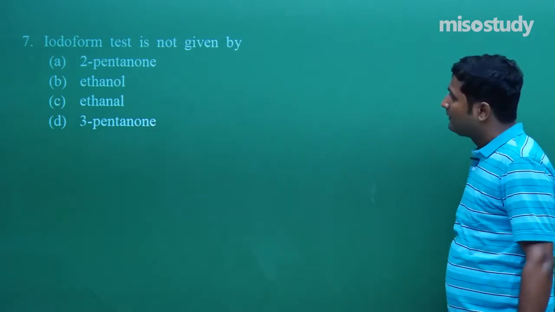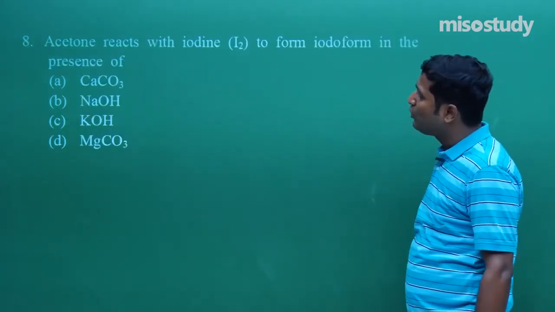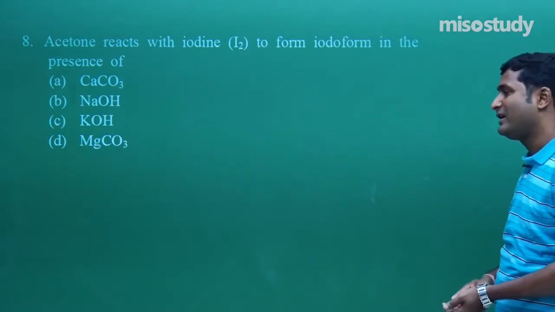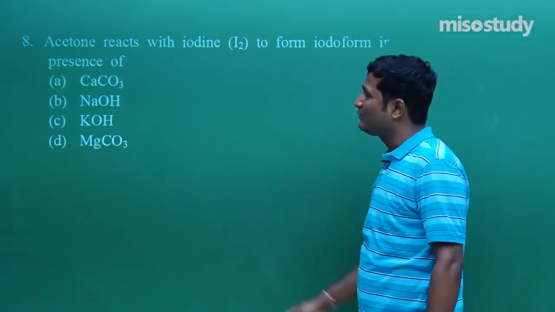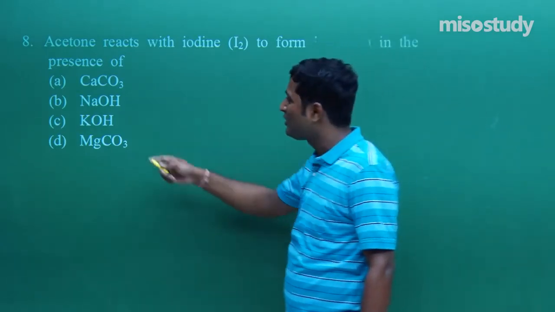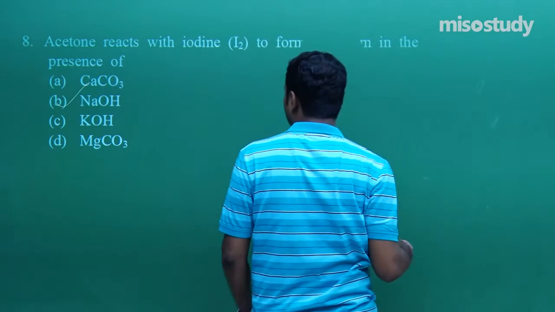Now, question number 8. Acetone reacts with iodine to form iodoform. It is very simple. Acetone reacts with iodine to form iodoform in presence of base, a universal reaction. Remember this?